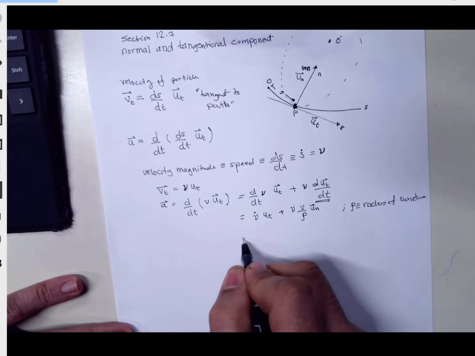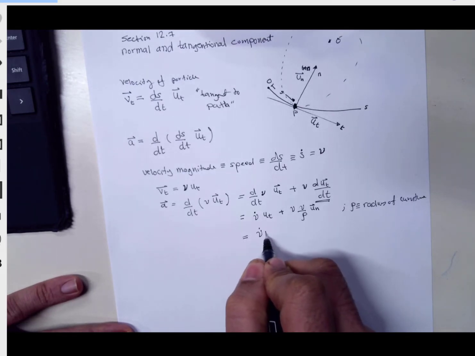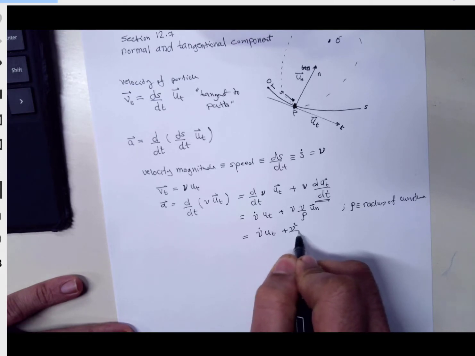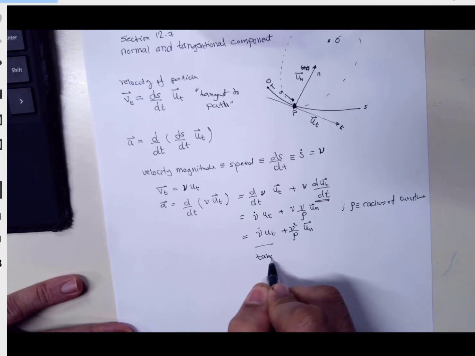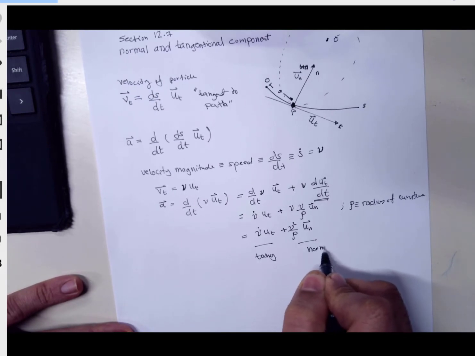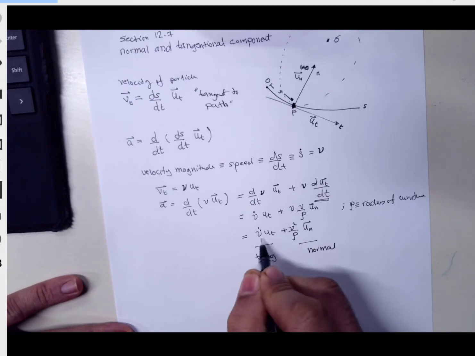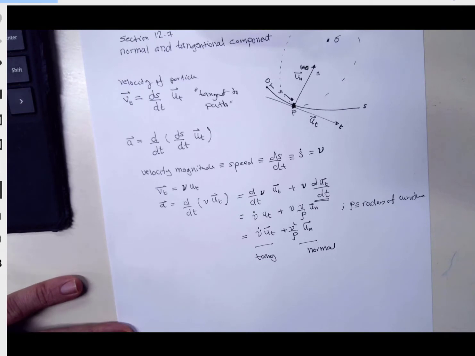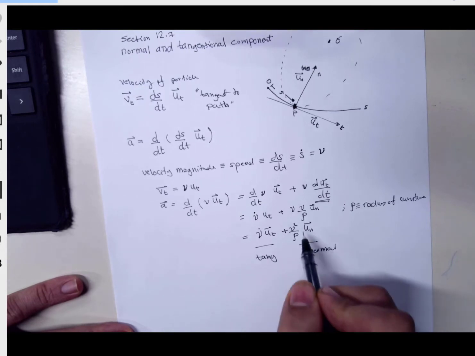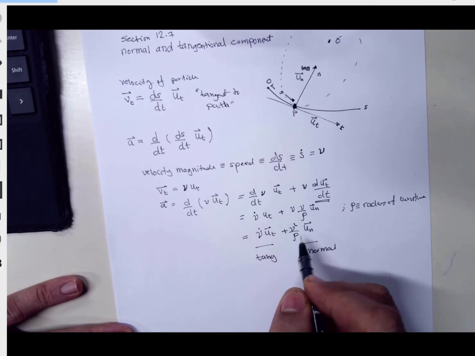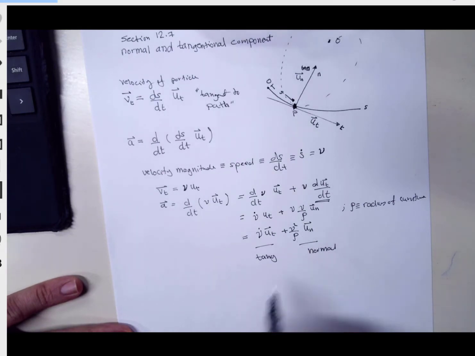Okay, this is equal to v dot u_t plus v squared over rho u_n, where this is tangential and this is normal. This is the normal direction and this is the tangential direction. So this is the rate of change of the speed magnitude. This v squared over rho is giving you the rate of change of the direction of the velocity vector, and it is in the normal direction.